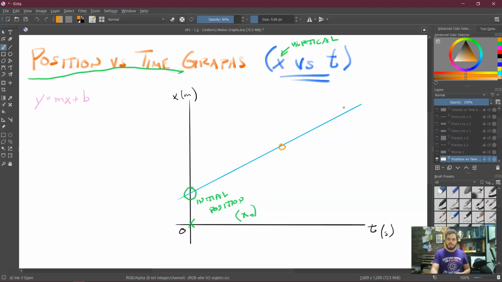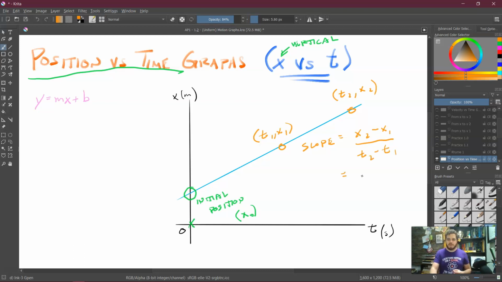The other key piece of information we want is the slope. So let's say we find 2 points on this line, and we say this is t1, x1, and this is t2, x2. And if you were going to find the slope, we would say that it is what? Rise over run. So it would be x2 minus x1 over t2 minus t1.